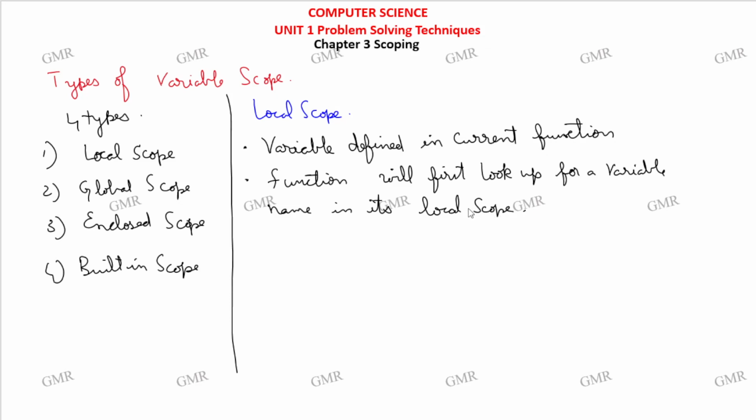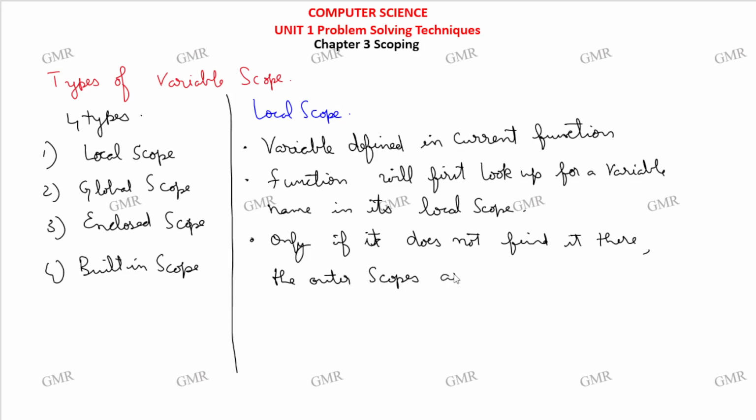Only if it does not find it there, the outer scopes are checked. First, the variable defined in the current function.